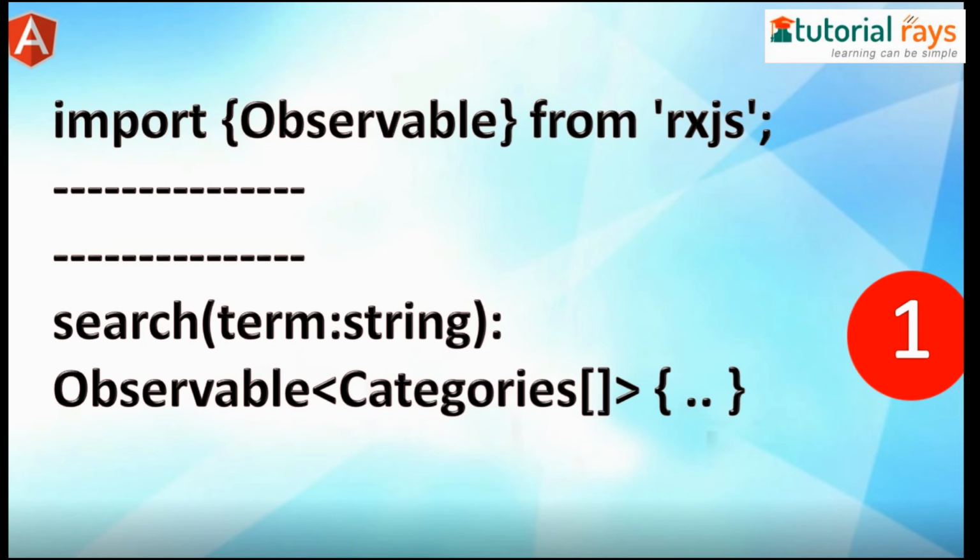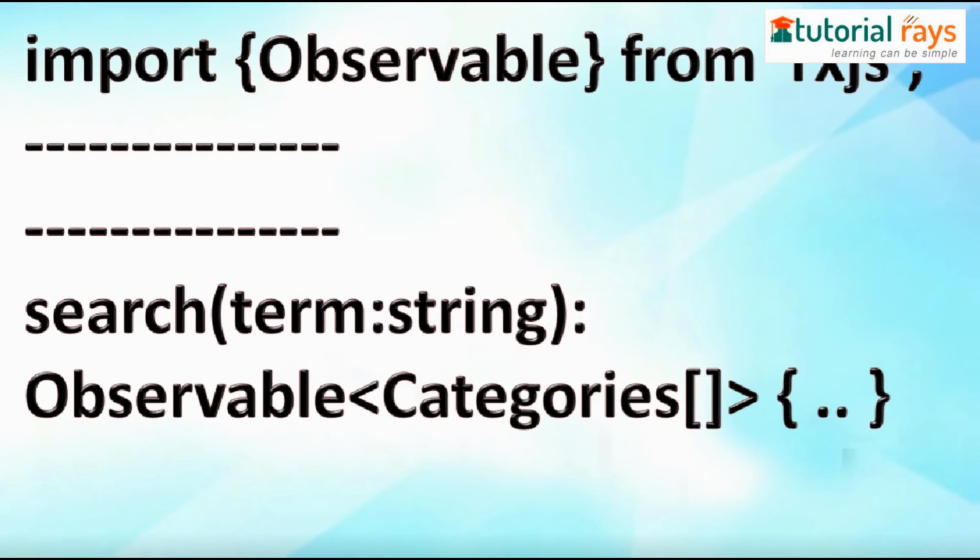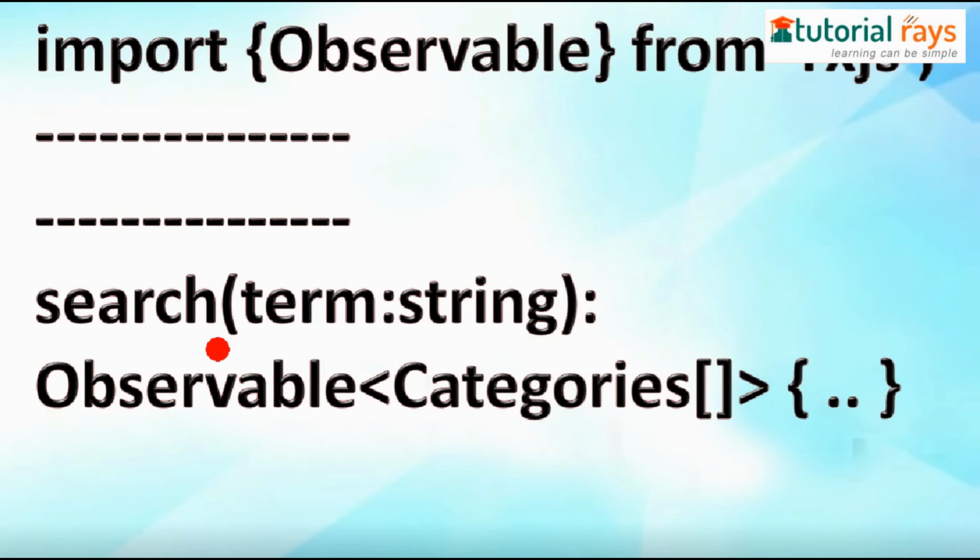As you know, every function has some return type. For example, if you write in a TS file, you may have written it like this: display, and then void.